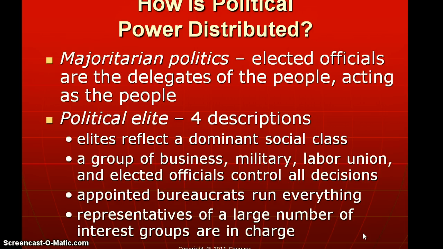Theories on political elites we've seen in Karl Marx's form, government merely a reflection of underlying economic forces, primarily the pattern of ownership of the means of production, and government is controlled by the dominant social class.